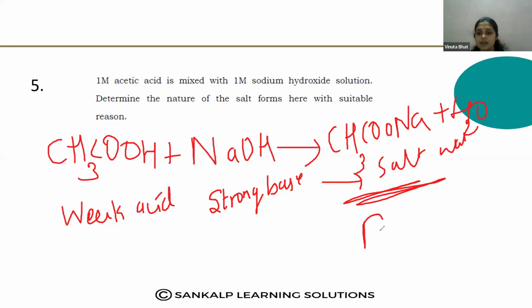That is the basic salt. Why is it a basic salt? When a weak acid reacts with a strong base, it forms a salt that is basic in nature. So that is the reason.